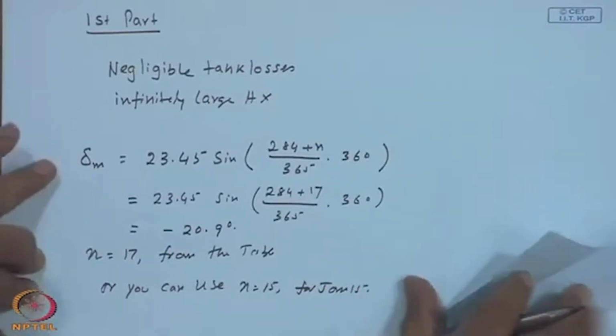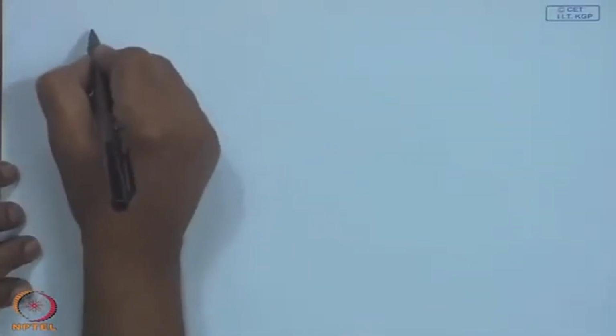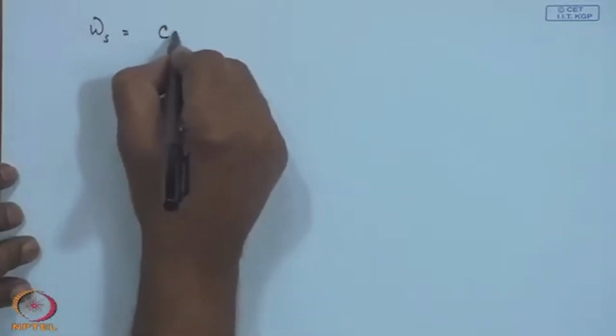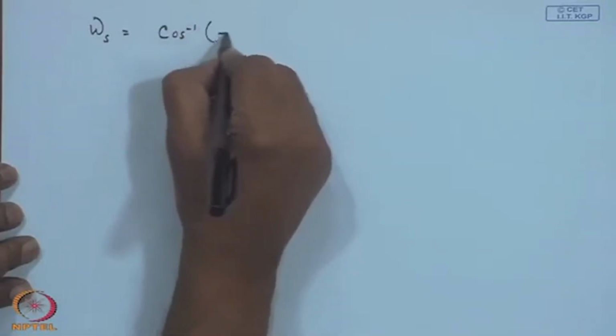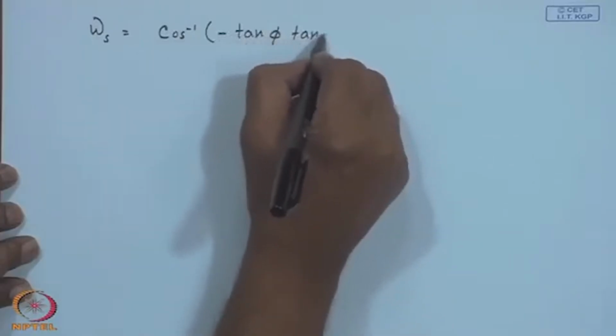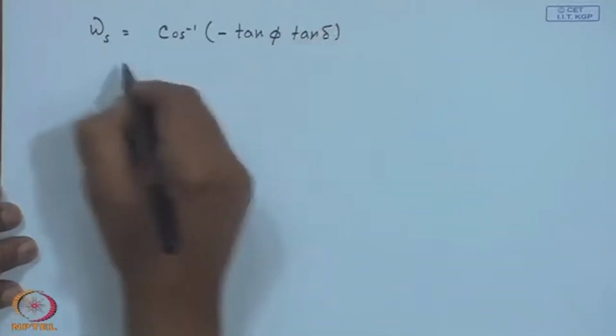So, this is the mean declination from which we calculate the sunset hour angle omega s, which is once again cos inverse of minus tan phi tan delta.